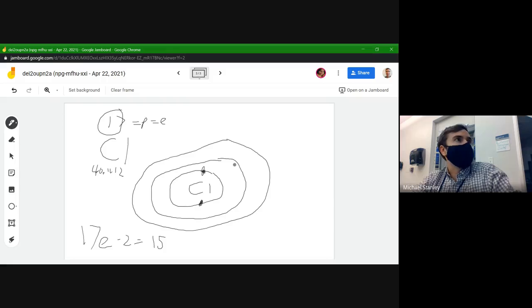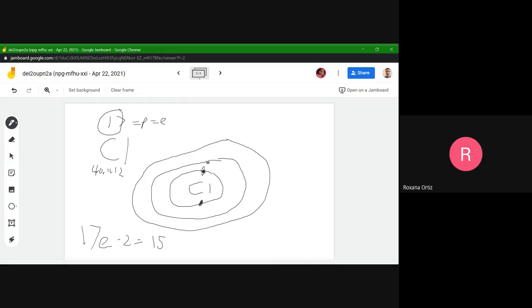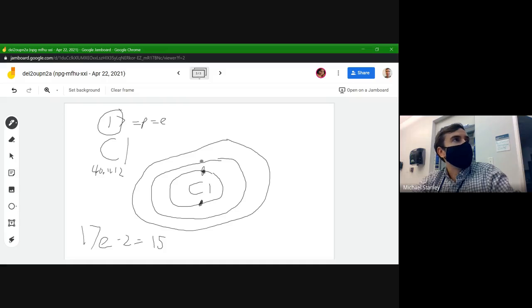So how many electrons can we fit on our second shell then? 8. 8, exactly. Maximum of 8 electrons on the second shell. No more are allowed. You can have fewer than 8, but you cannot have more than 8. All right, 1, 2, 3, 4, 5, 6, 7, 8 electrons on our second shell.